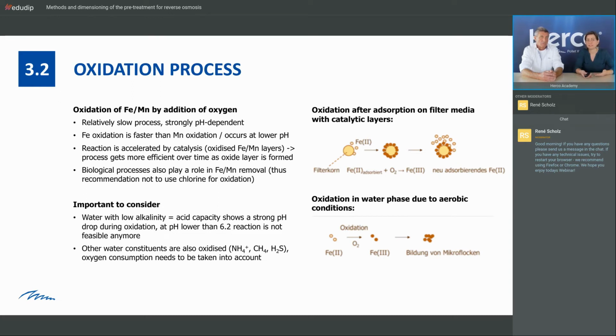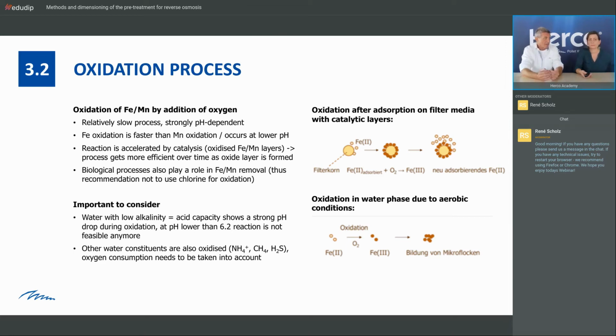The reaction is affected by catalysis. You remember when we talked about the filter media, they are catalytic. So you get oxidized iron and manganese layers. I think that's a lot more important for manganese. It's dominant in the manganese process that you have manganese dioxide over the surface of this material.